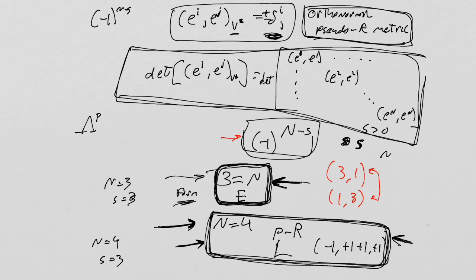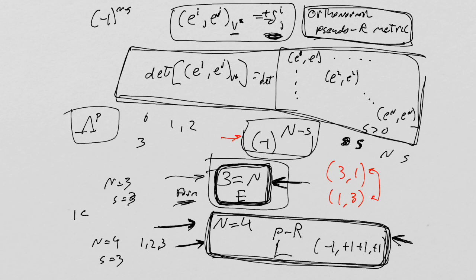But I'm teaching it with n and s, right? I'm just kind of doing it in full generality. So now I'm going to talk about p-forms. The only possible p-form in this circumstance that's not 0 or 3 is 1 and 2. And in this circumstance, it's 1, 2, and 3. But of course, p is greater than or equal to 1, less than n, right?